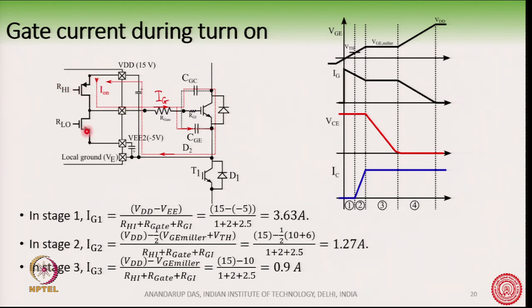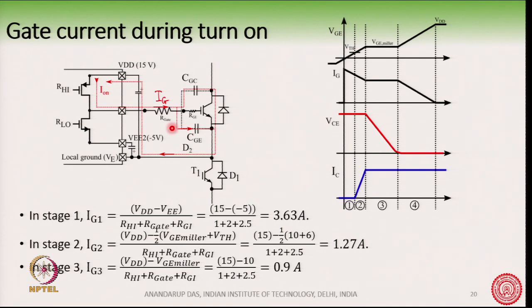When this MOSFET turns on, this is an R low resistance. So here is the 15 volt VDD, then there is an R high, and then there is an R gate. This is a resistance which we will externally connect, because we would like to control the gate current.